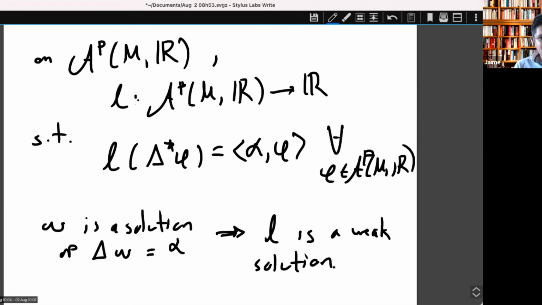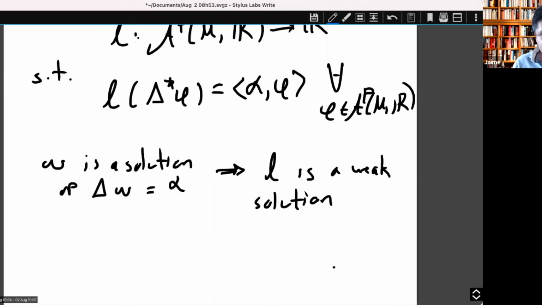What is surprising, and this is the first important thing in Hodge theory, is the converse: whenever you find a weak solution, you can find a complete solution, or determine a solution. I'm going to state this carefully.